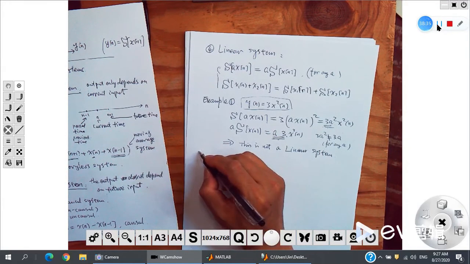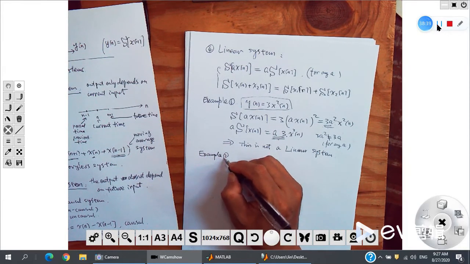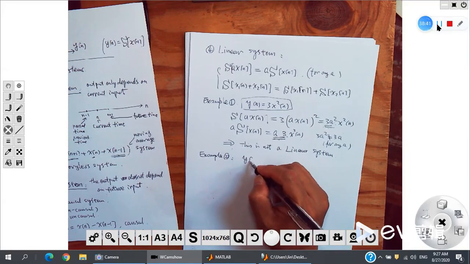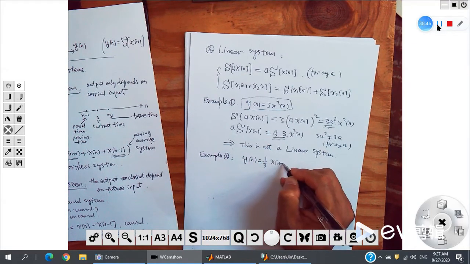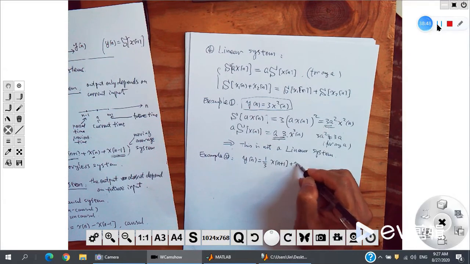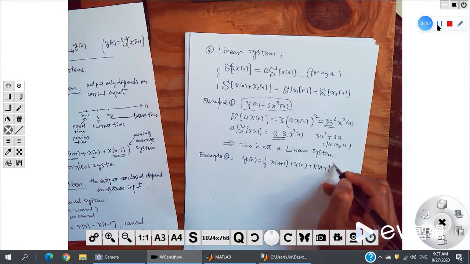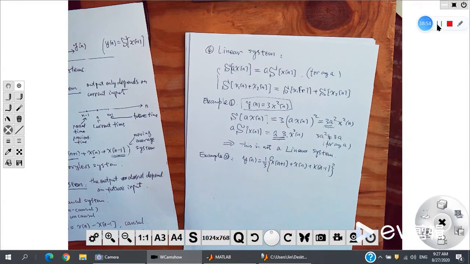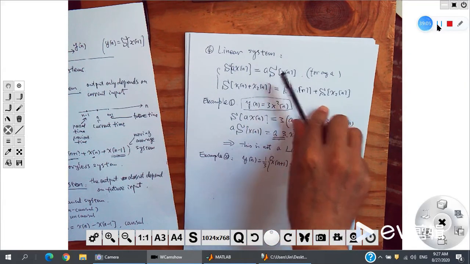And okay, example 2. y of n equal to 1/3 of x of n plus 1, the moving average one, right? x of n and x of n minus 1. Is this linear? Okay, you need to check 2 conditions. Check first, check second. If the first is satisfied, then you need to check the second.